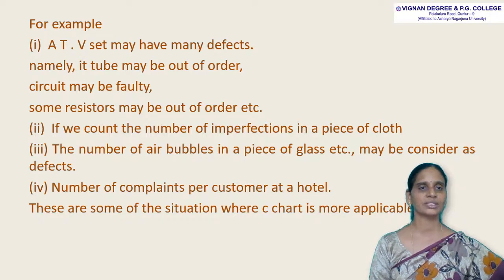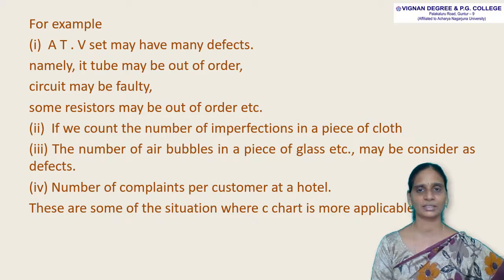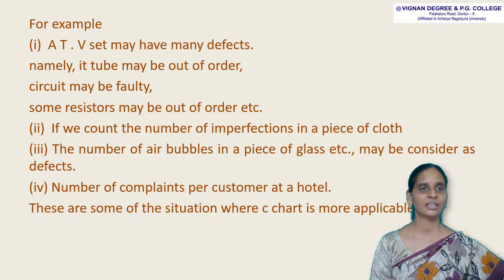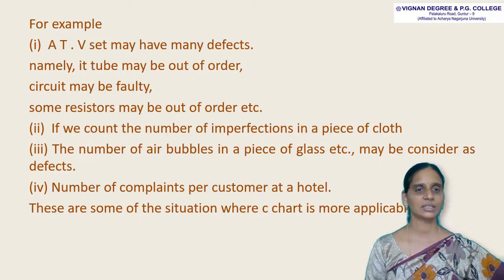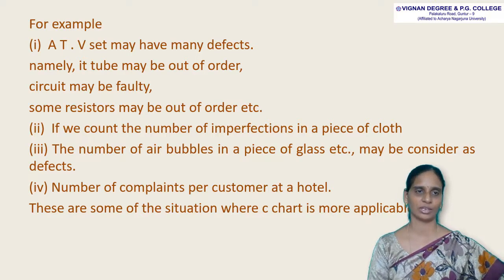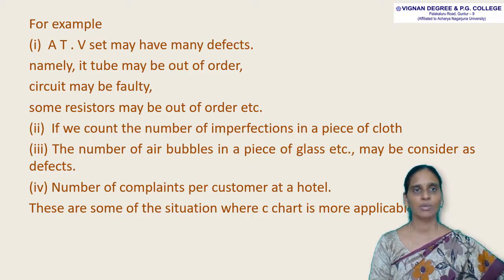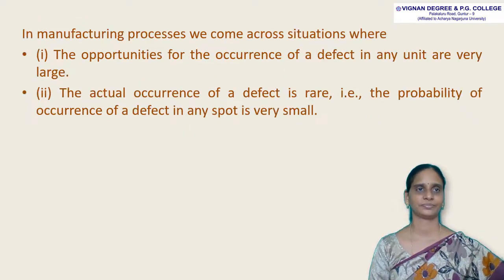And next one is the number of air bubbles in a piece of glass. So it may be considered as defects. Another example is number of complaints per customer at a hotel. So these are some of the situations where C chart is more applicable.